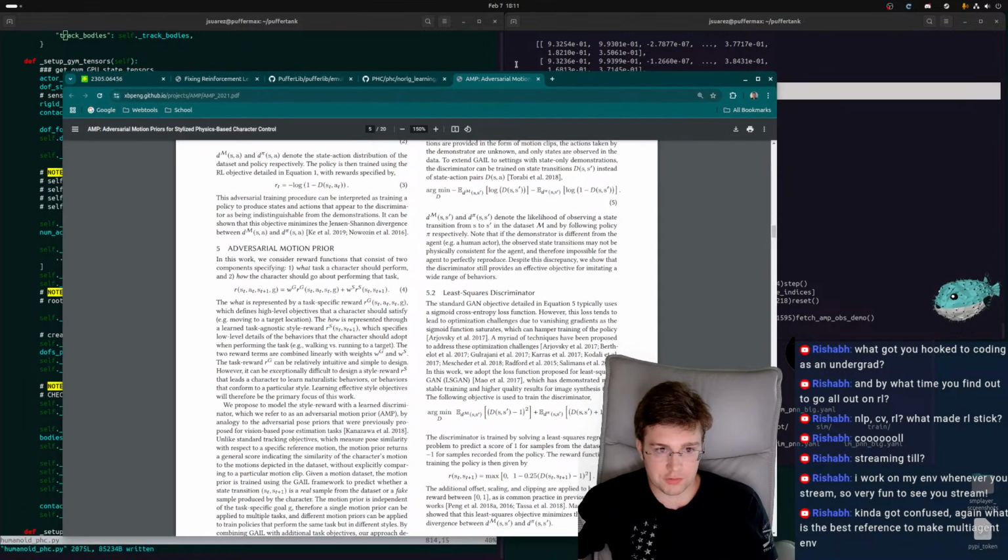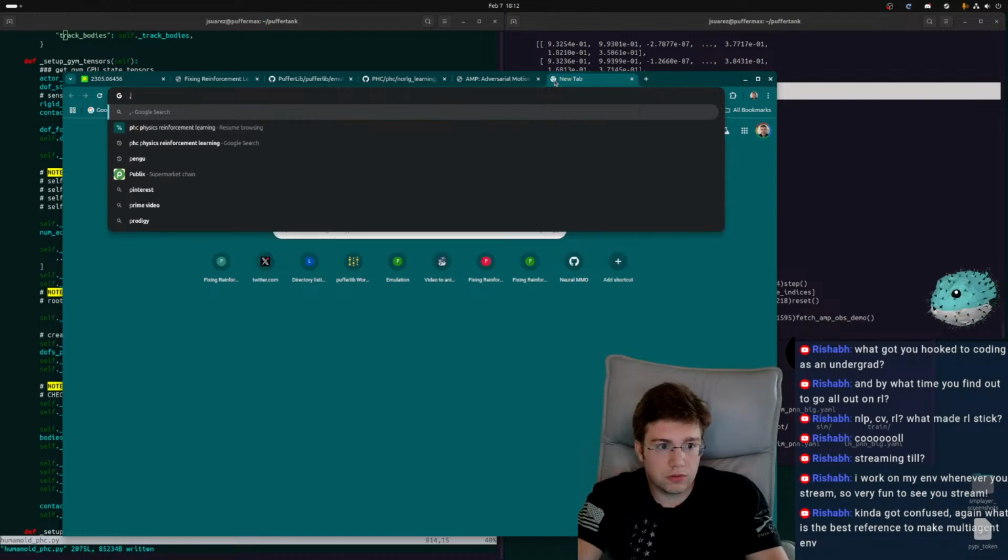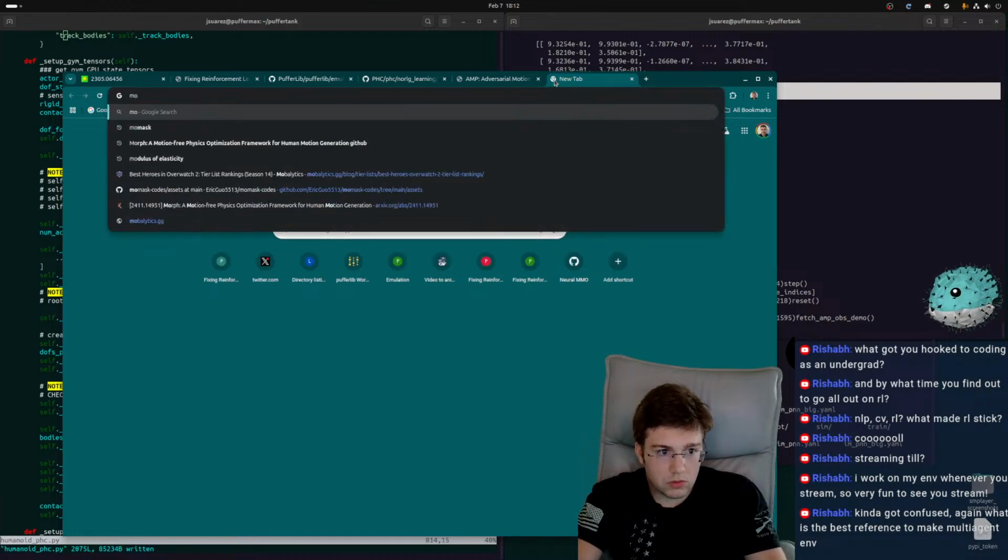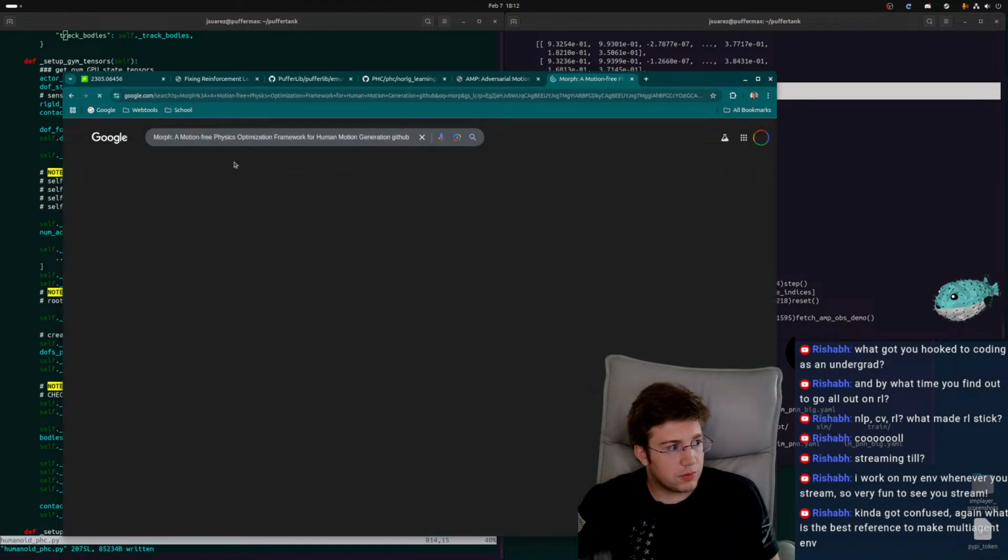How many freaking losses do they have? Well, also, why are we even looking at these papers? What's Morpheus? Let's see what their losses are.